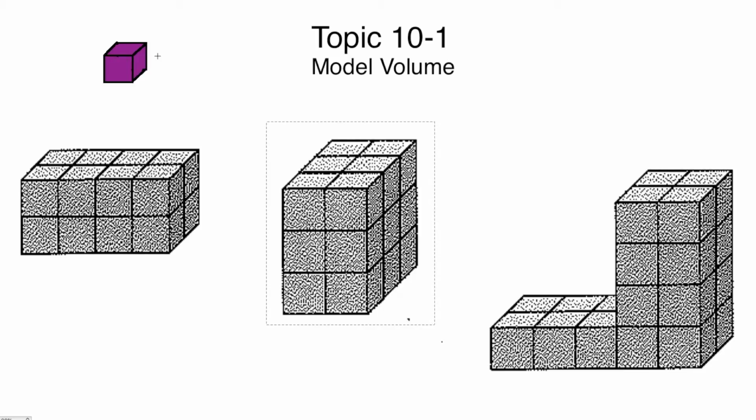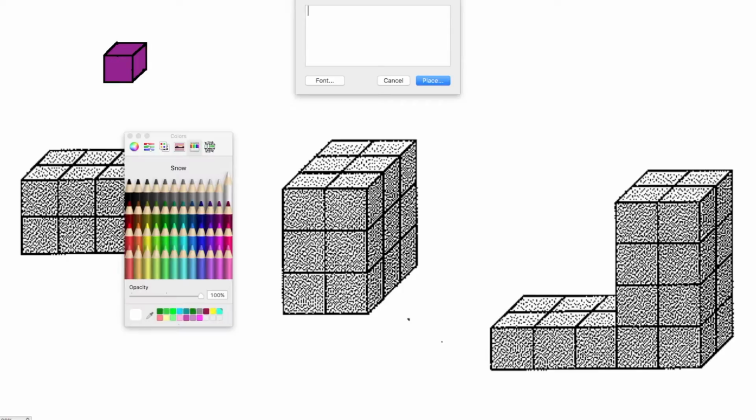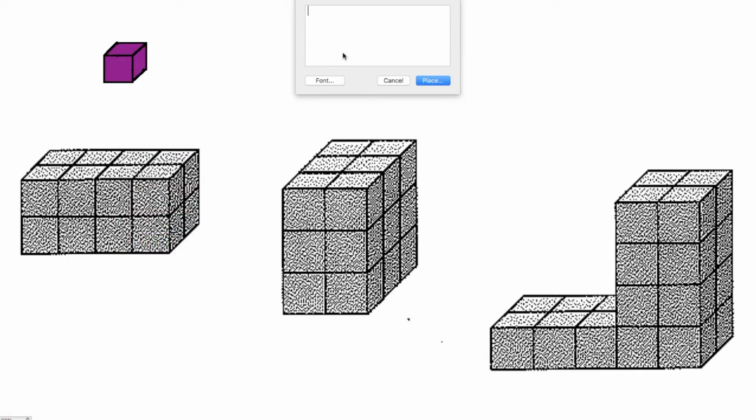Now, each cube has a length, width, and height of 1 unit.